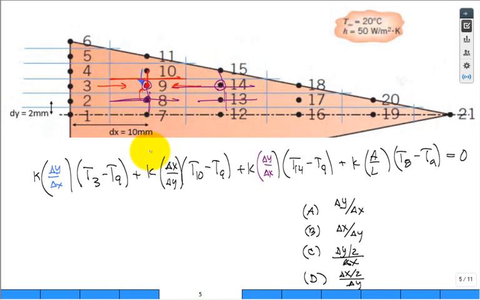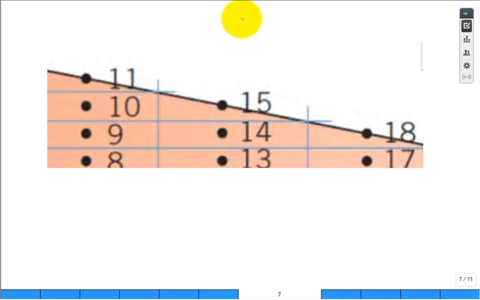But we have to start worrying about our convective edge nodes and do the energy balance for our convective edge nodes, okay? So what we're going to do is we're going to focus on node 15 right here. And we already calculated what DL is, so you can use that in the equation. And what's happening over here? Don't we have convection into this fluid?